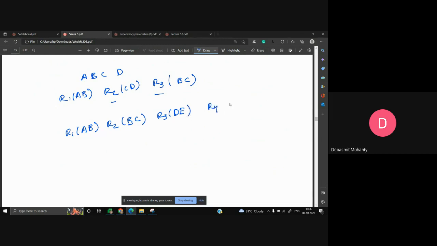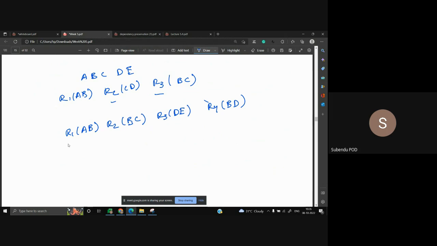The original R is ABCDE. You have to check the common attribute and check whether the common attribute is a key in either table. Here in this case, can I do R1, R2, then R3, R4, and then try to find out whether that is possible?